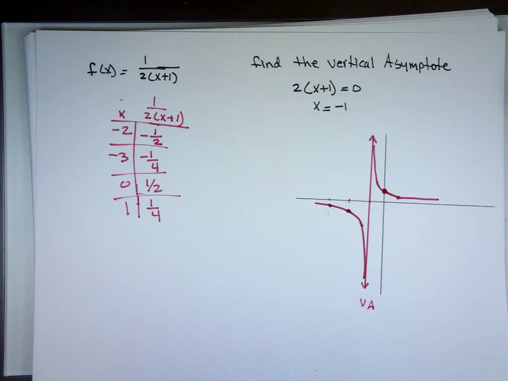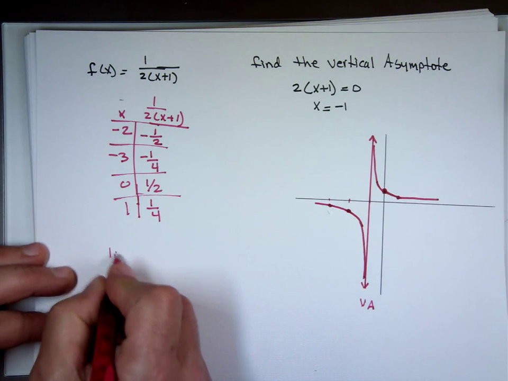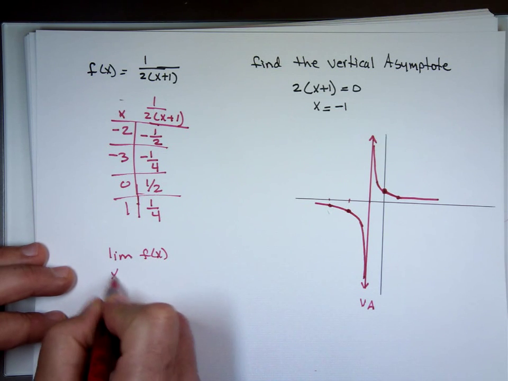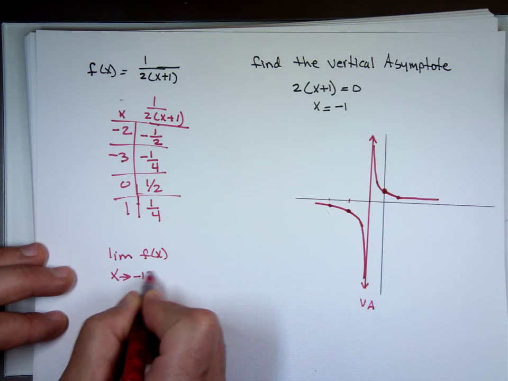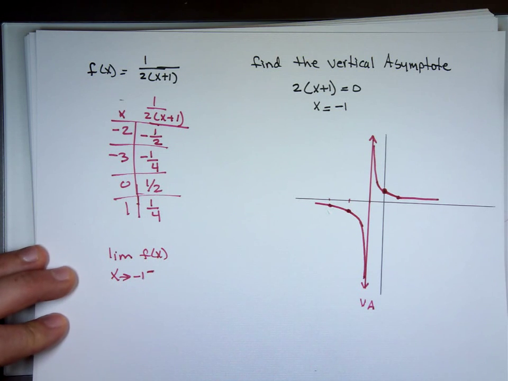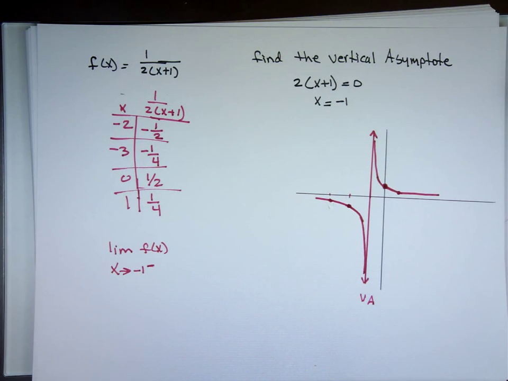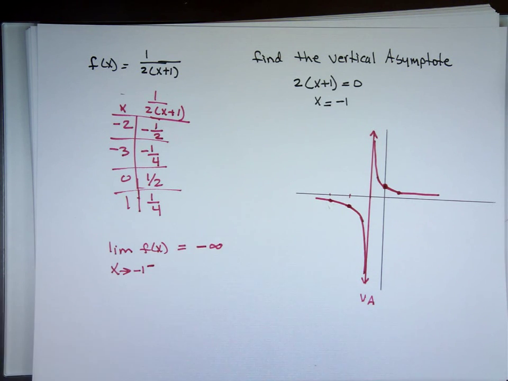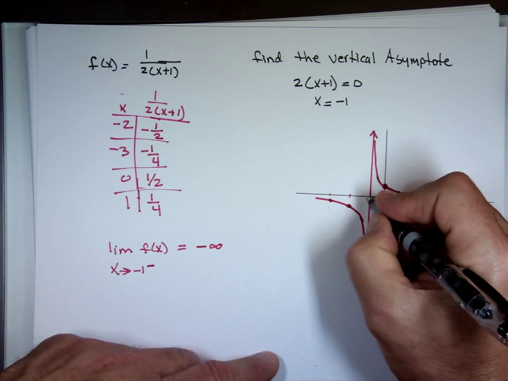So now you can look at that if you graphed it. If I ask you what's the limit of this function as x approaches -1 from the left side, where's the limit going to? The left side. Isn't that negative infinity? There's the -1 from the left side.